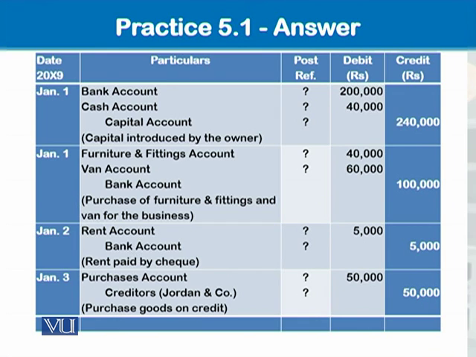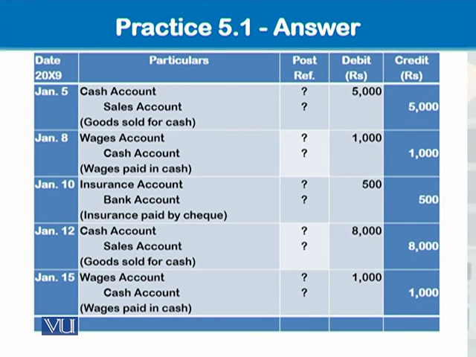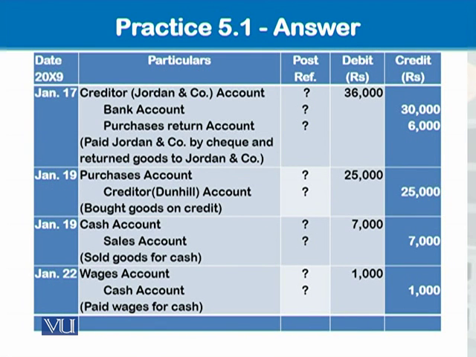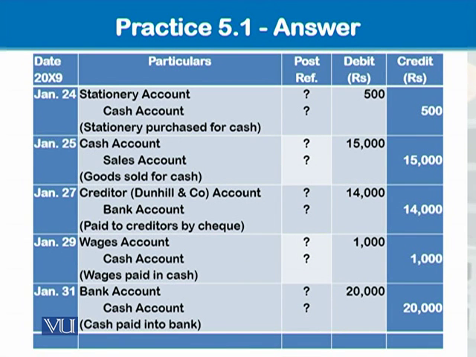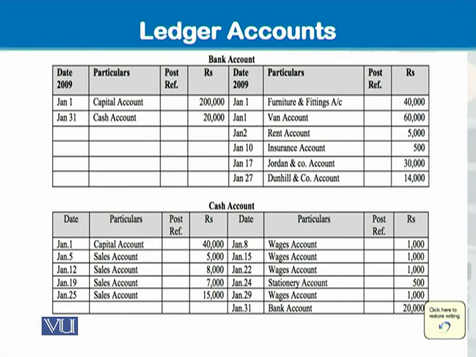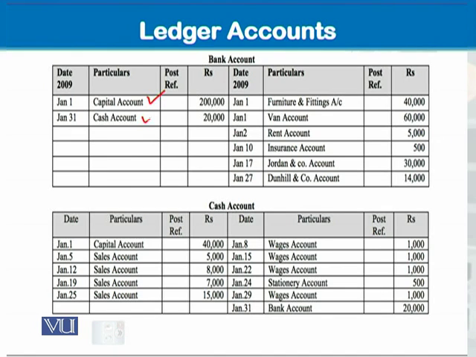Bank was credited in others, but bank was not debited. Then on 31st, bank was debited with 20,000. Got it? So this is what we put in the debit of bank, because of capital and because of cash, on 1st January and 31st January. And these are the amounts.